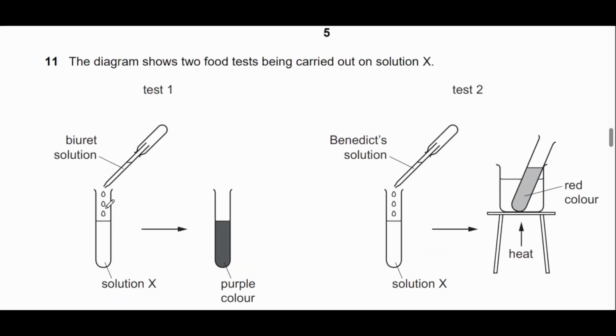11. The diagram shows two food tests being carried out on solution X, biuret and Benedict's. Okay, so when you're doing a biuret test using the biuret solution, you're testing for presence of protein. But using Benedict's, you're testing for reducing sugar. Okay, positive for protein would be purple, right? So this is positive. Positive for reducing sugar will be red, so this is also positive.